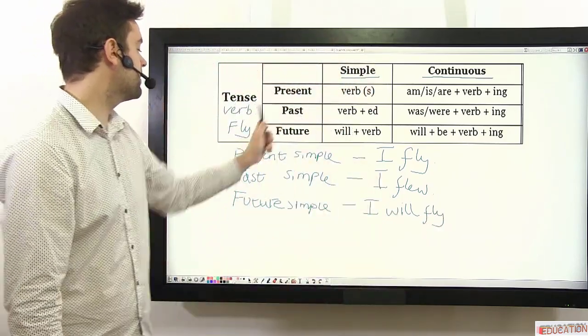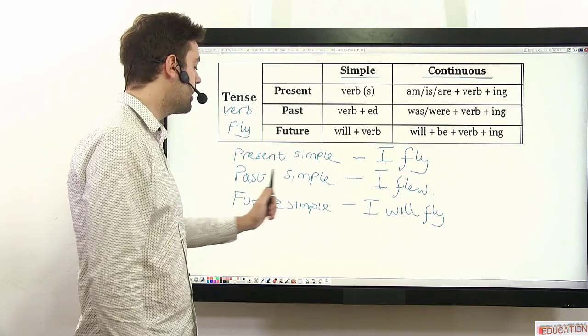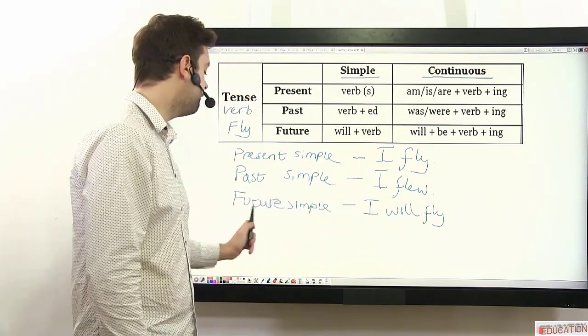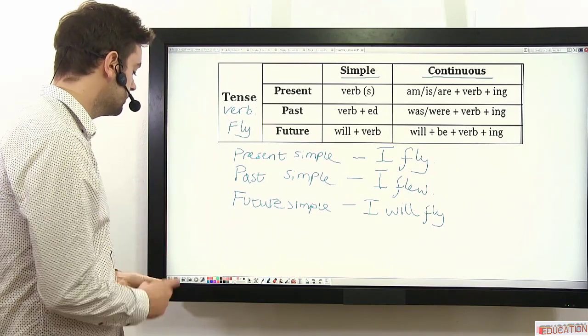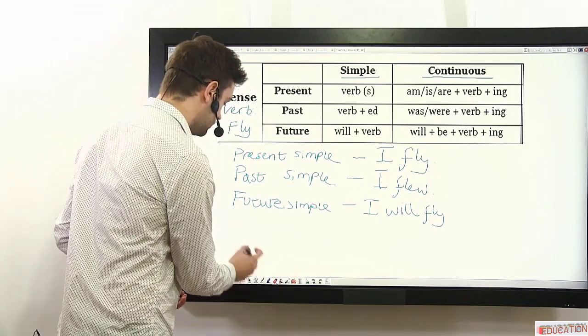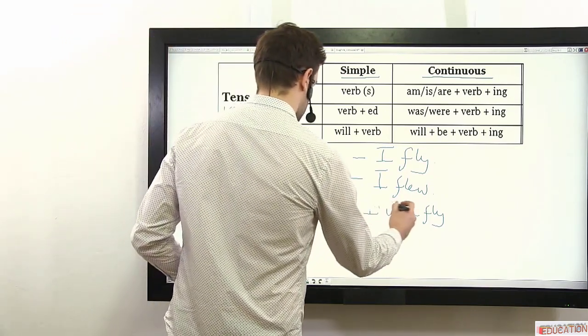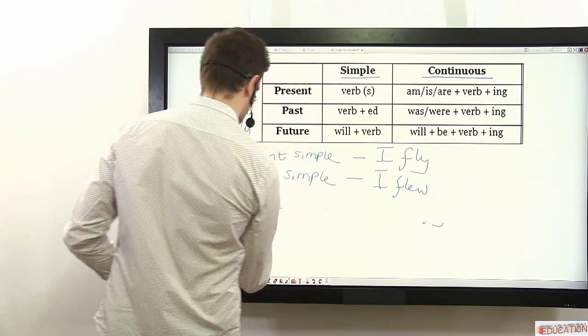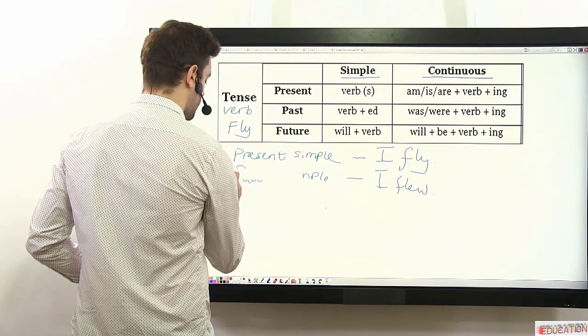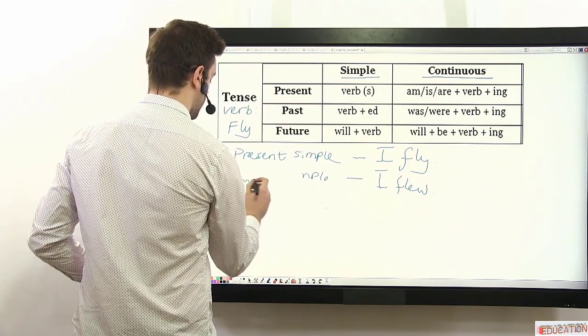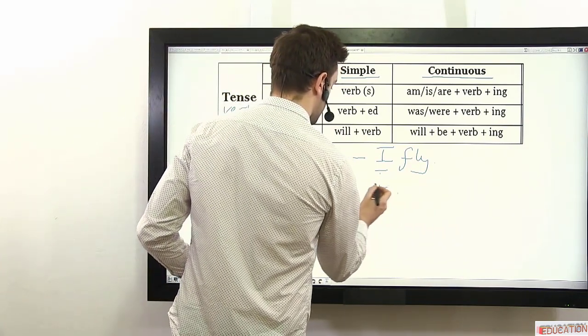So we have the present simple, I fly, past simple, I flew, future simple, I will fly. So let's get rid of that. That's simple. Let's take a look at the continuous.